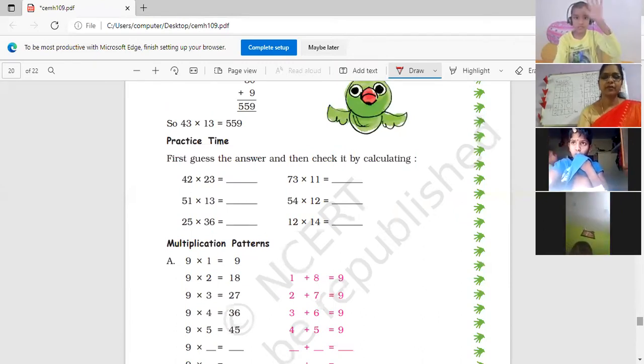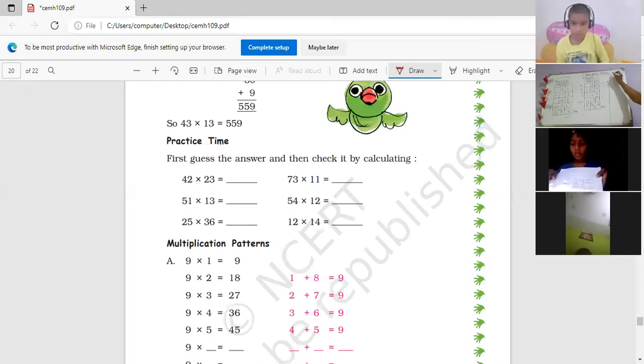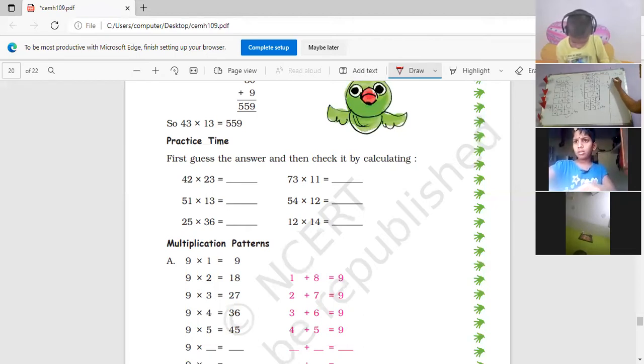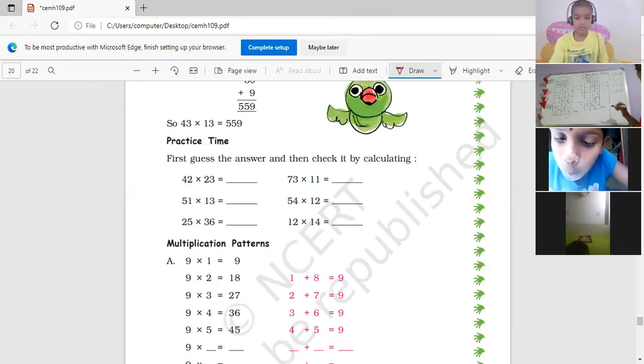Some of the problems I'll write down here. 42 into 23. 73 into 11. 51 into 13. 25 into 36. 73 into 11 is done. 54 into 12.